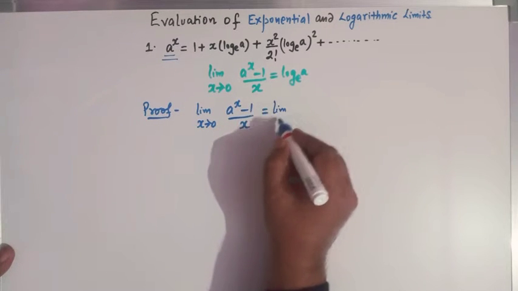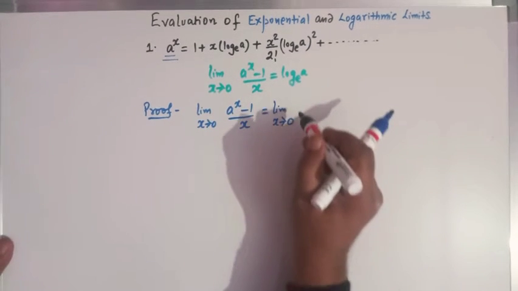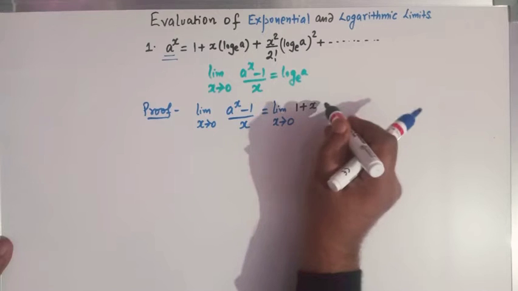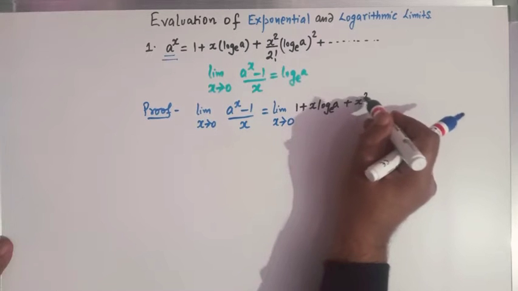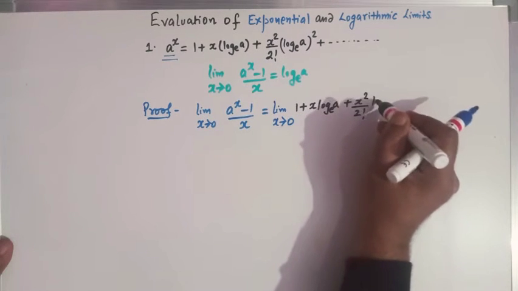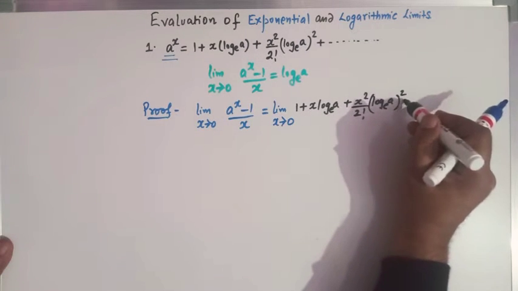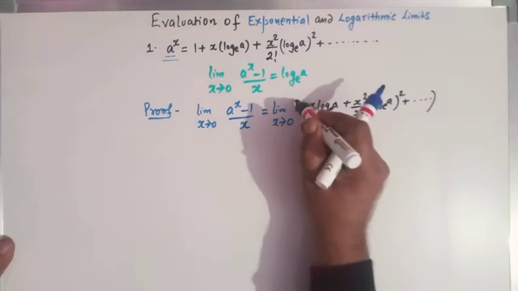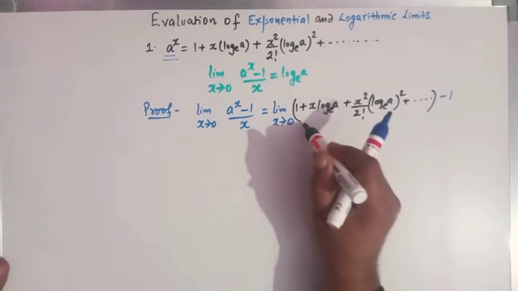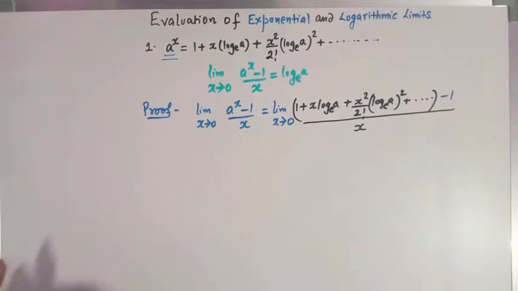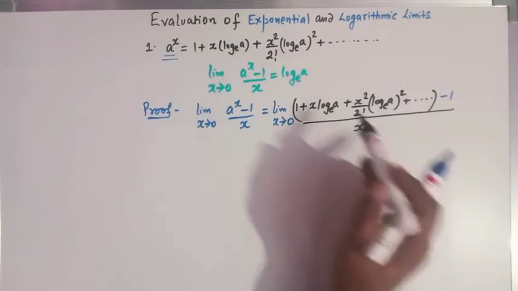So we'll have limit x tends to 0, and here we have 1 plus x log a to the base e plus x square by factorial 2 log a to the base e square, and so on, and here we have minus 1, and divided by x, right? So here for a raised to x we have substituted this infinite series.